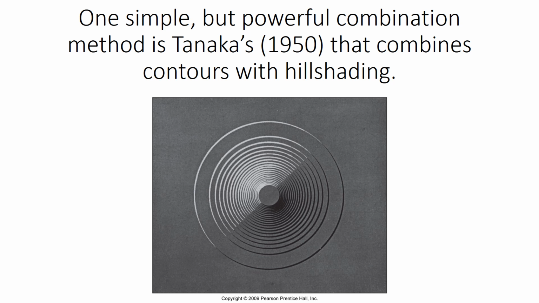We draw the contours white on the side that's facing our imaginary light source, and we draw the contours black in areas where it's away from the light source. This is a really powerful way of showing the absolute value of the elevation, but also creating an impressionistic view. So you can quickly see what's steep and what's not.